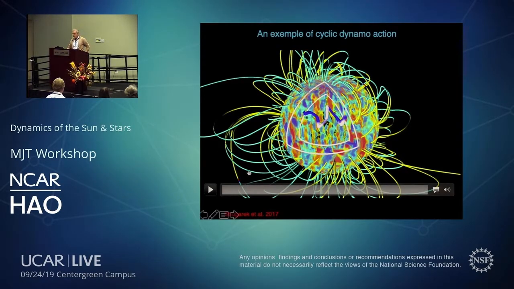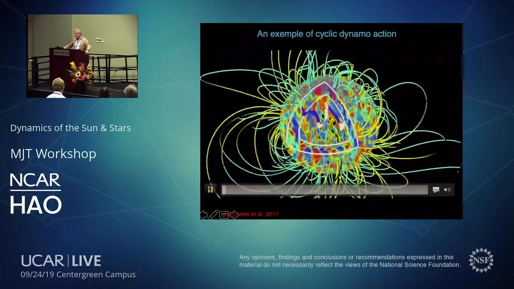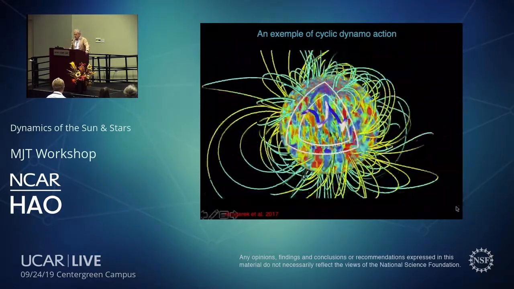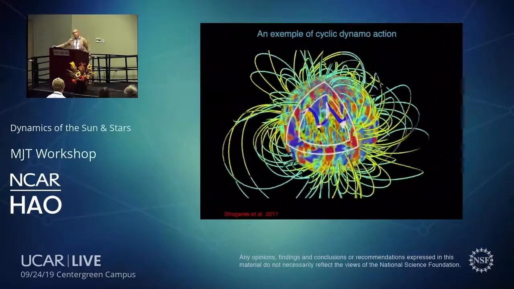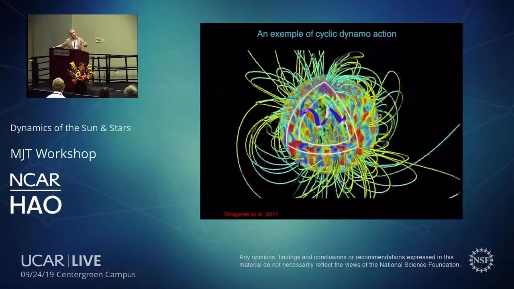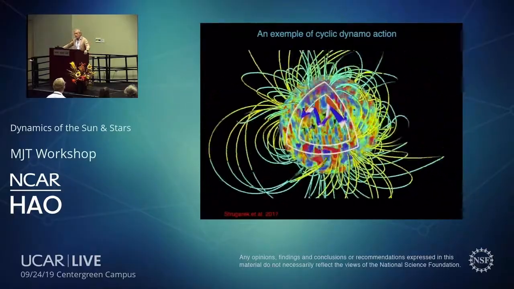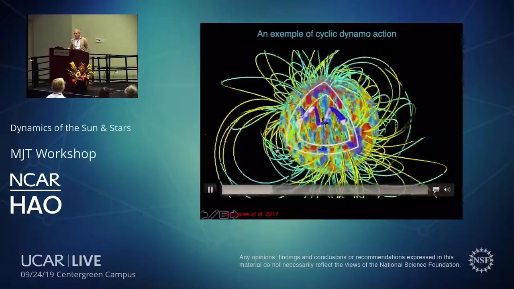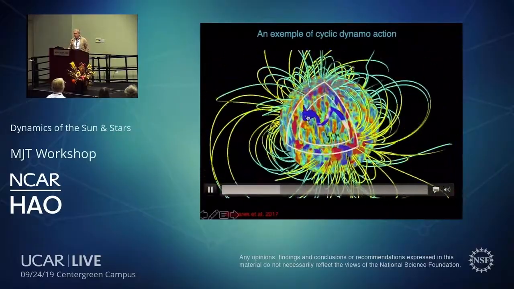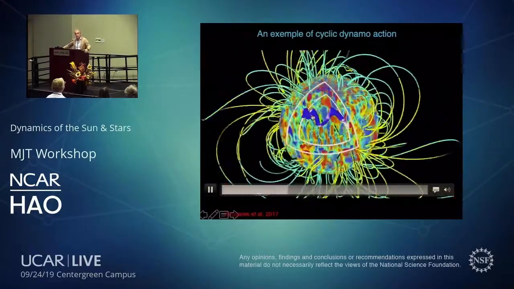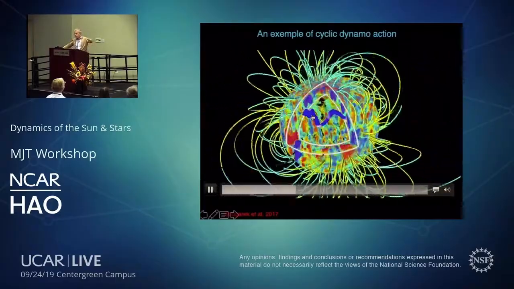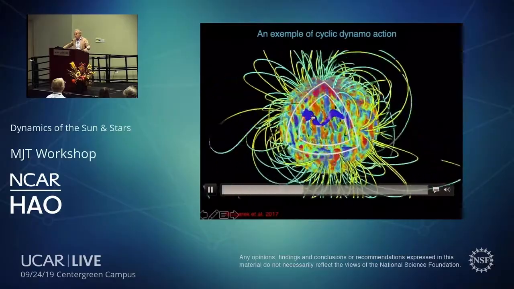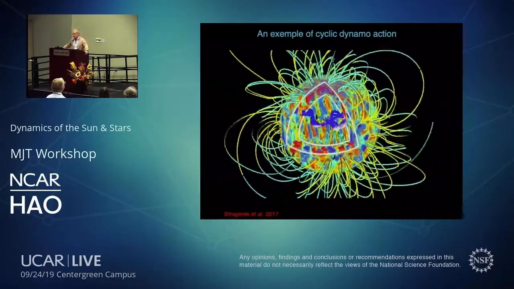More recently, we published a paper in Science with Paul Charbonneau and Antoine Strugarek. And here is a simulation of the best you can do today in terms of a convective solar dynamo, where you see potential field line extrapolation, convective motions, differential rotation, magnetic ribbons being created, becoming omega shaped, that could be the source of eruptions and sunspots.